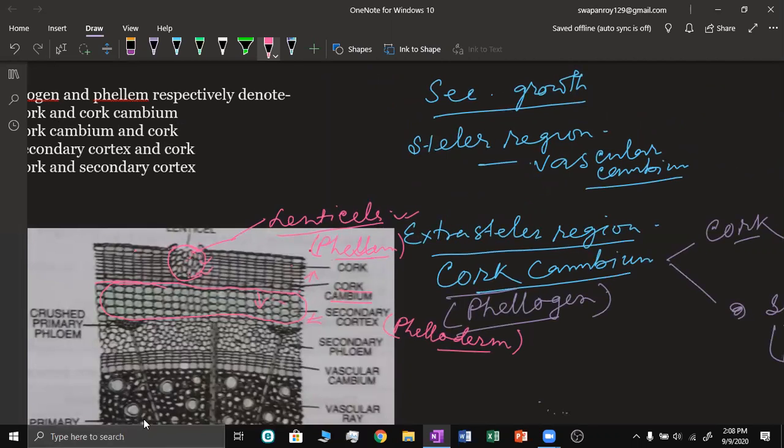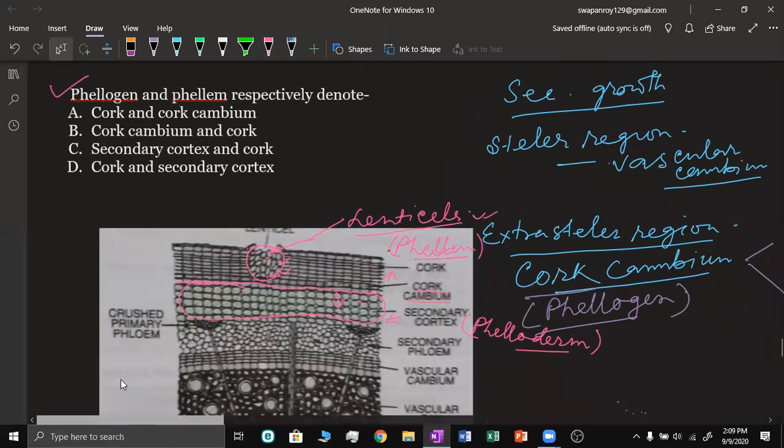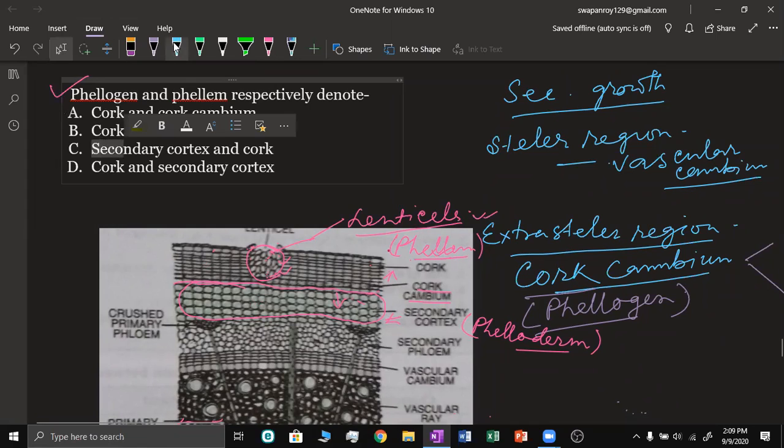Phellogen and phellem. So phellogen is the cork cambium, and phellem is the cork.